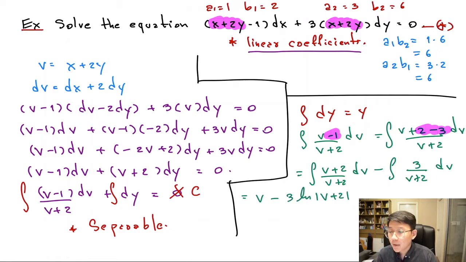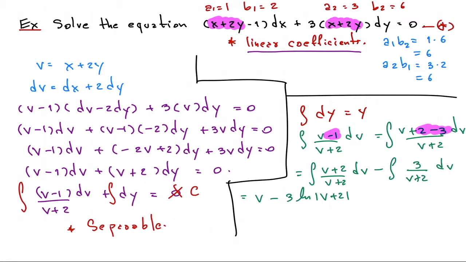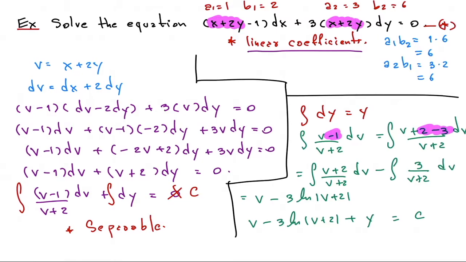So the solution would be v minus 3 log of (v plus 2) plus y equals c. And then if you substitute v in there, v is actually x plus 2y, right? So you have x plus 2y minus 3 log of (x plus 2y plus 2) plus y equals c. And that is the solution.